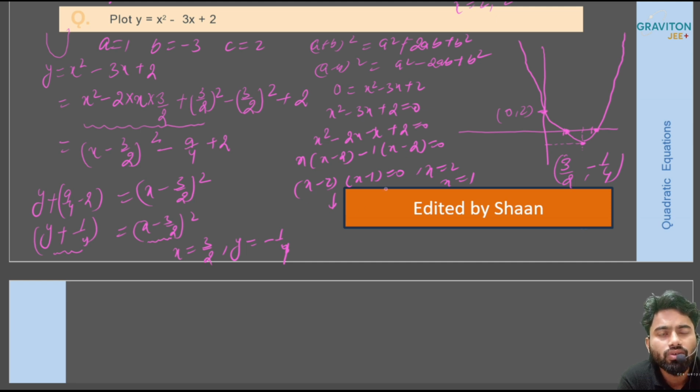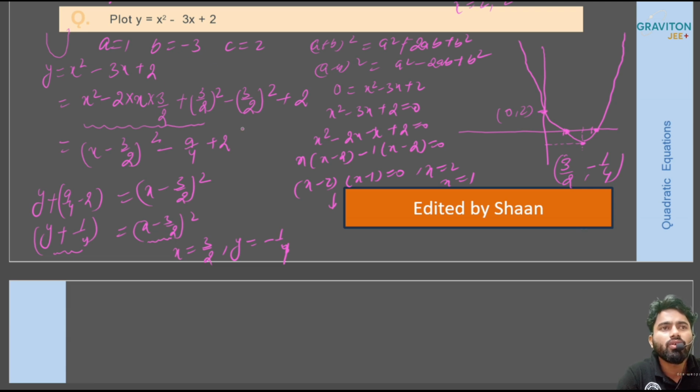If you want to know the relation between the sum of roots and product of roots, the product of roots 2 into 1 equal to 2 is nothing but c upon a, so c upon a is equal to 2, so that also satisfies. If you want to know the addition of these roots, 2 plus 1 equal to 3, and 3 is nothing but minus b upon a, so minus b upon a you will get 3.